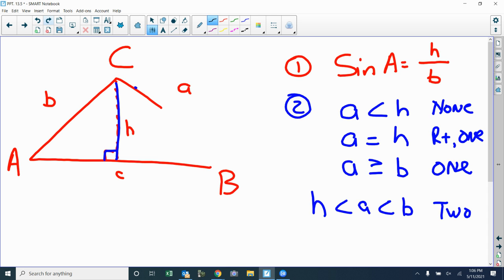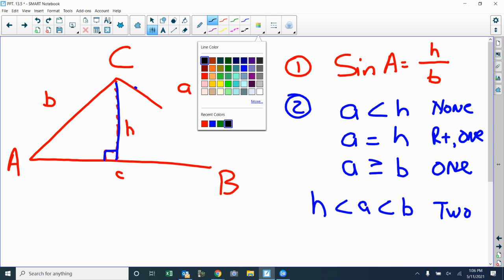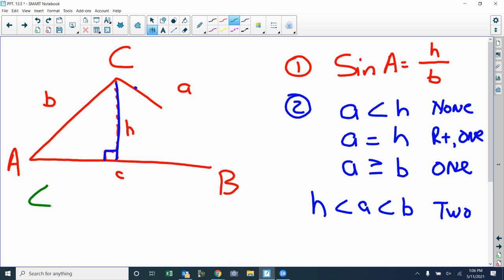All right, ready for another one? Here is the information. Angle A, 95, B, 4.6, A is 3. So we gotta figure out what, is it one, none, what's going on with it?